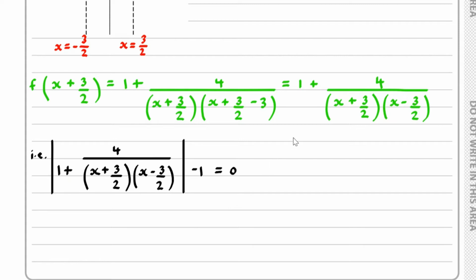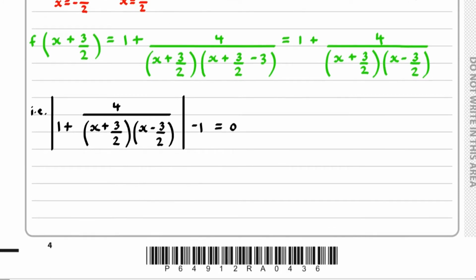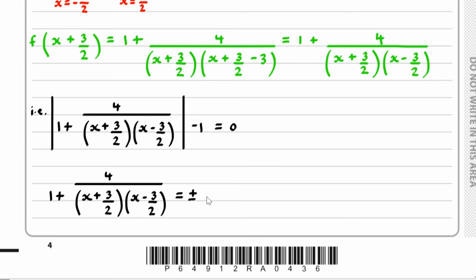And so, if we now attempt to solve this equation, we have 1 plus 4 over x plus 3 over 2 multiplied by x minus 3 over 2 equals plus minus 1.